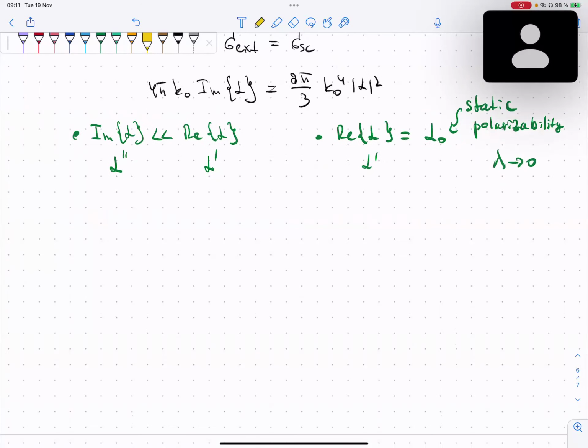So we can put these assumptions into this equation, and we will get 4 pi k0 alpha 2 prime equals 8 pi over 3 k0 to the 4th power multiplied by alpha 0 squared plus alpha 2 prime squared. Something like this.